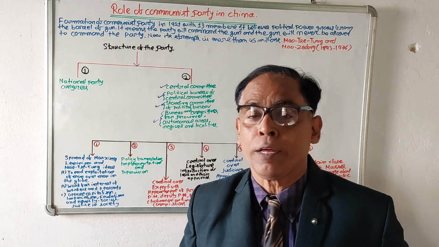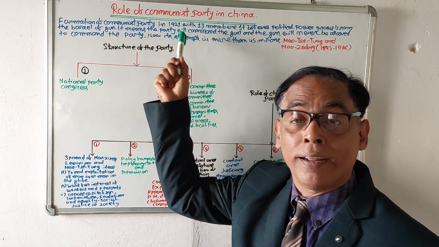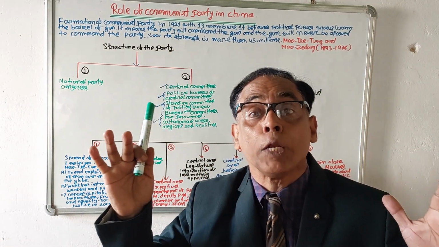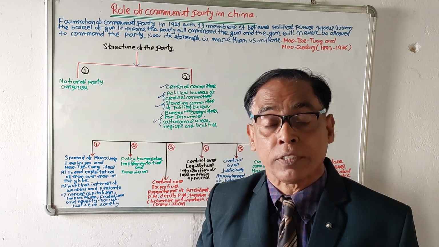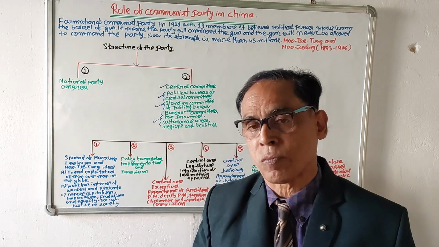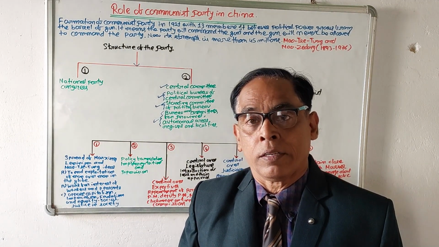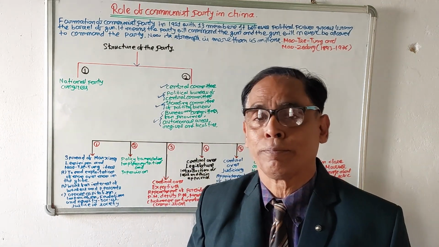The Communist Party of China was formed in the year 1921 with only 13 members. But now the strength of the Communist Party of China is more than 45 million. And the Communist Party of China is very powerful.